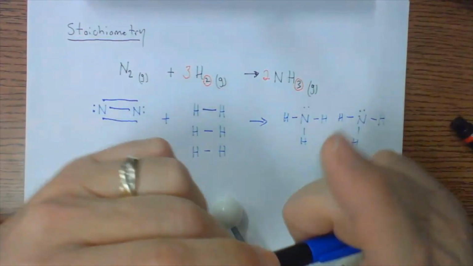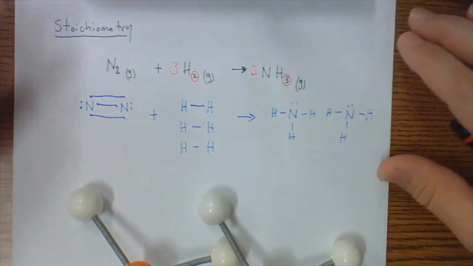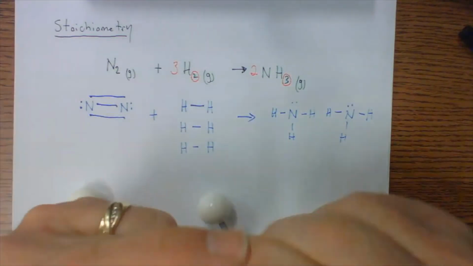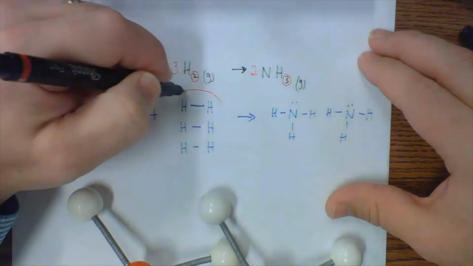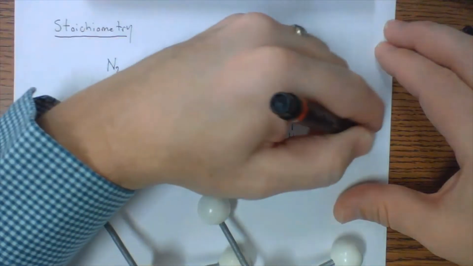Okay, and so that's kind of how we looked at balanced chemical equations. Now, the reality is that this is kind of giving us an idea for quantities as well. So if I look at what I have here, I had 3 of these molecules and one of these, and I produce 2 of these molecules.